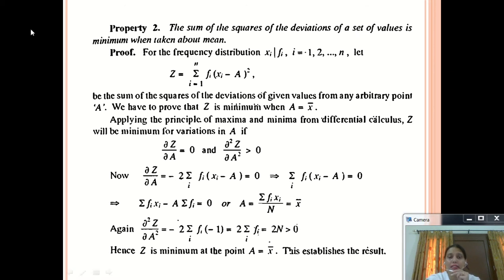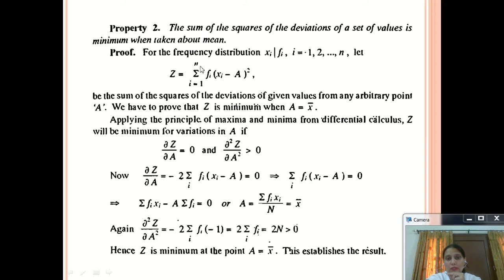Second, the sum of squares of deviations of a set of values is minimum when taken about the mean, not the assumed mean. It will be minimum when the assumed mean is equal to the arithmetic mean, and we will prove it.